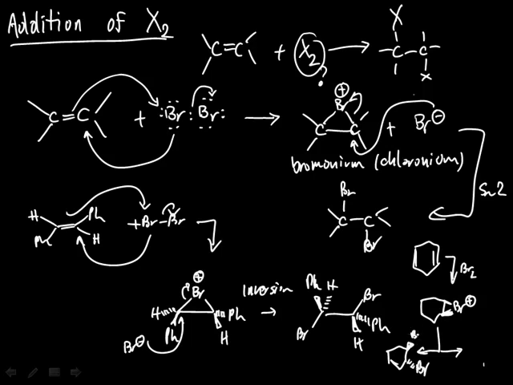This will be one if the bromide attacks from the bottom carbon, and this will be the other if bromide attacks from the top carbon. This is roughly how stereochemically this reaction proceeds, and we will continue talking about it next time, where this will introduce us to a whole new series of alkene reactions.